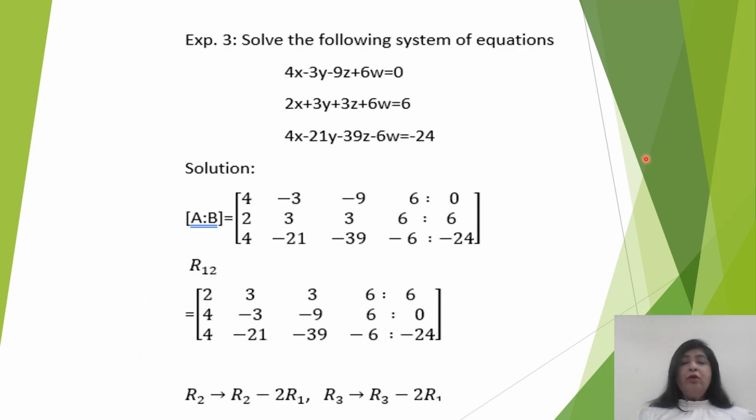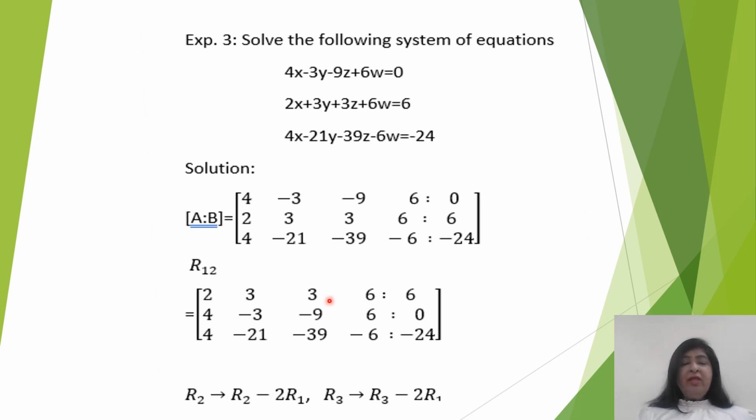Next, you have to solve the system of linear equations. So this is the system of linear equations. First of all, we will write the augmented matrix. Then we will apply the operation R12. So with R12, the entries of the second row get shifted to the first row.